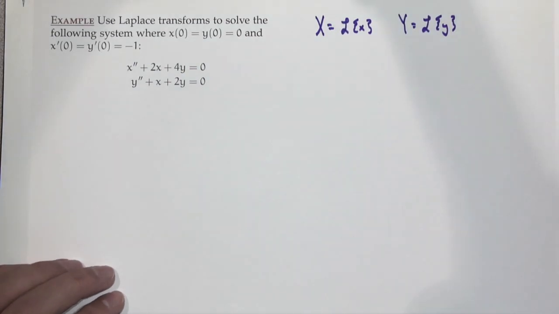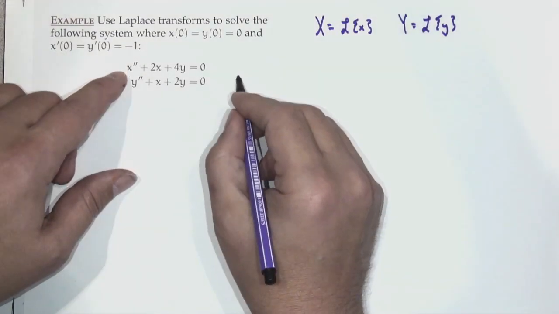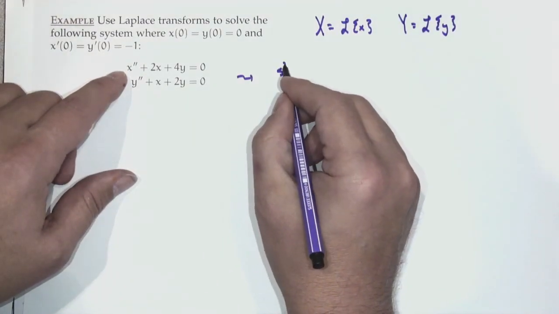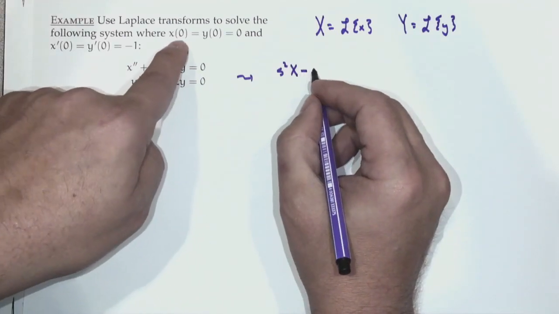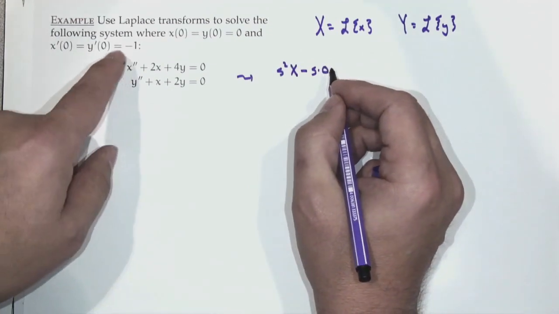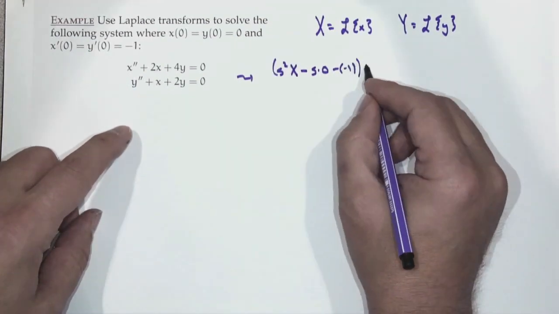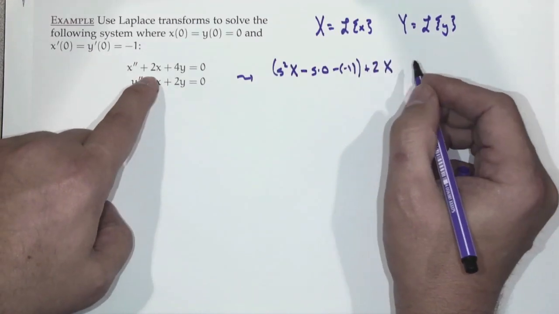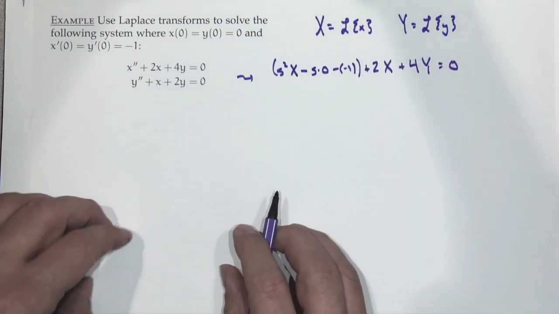And now you go and you run it through. So for instance here, this would become s squared capital X minus, okay, x of 0 is 0, so minus s times 0 and minus minus 1. So that's your x double prime plus 2 capital X plus 4 capital Y equals 0.